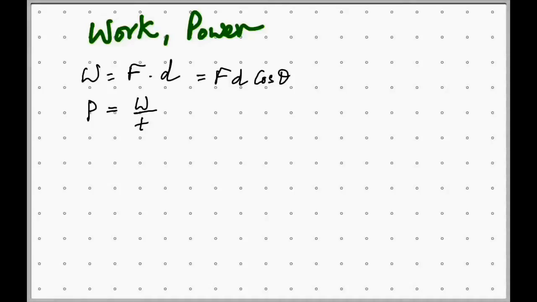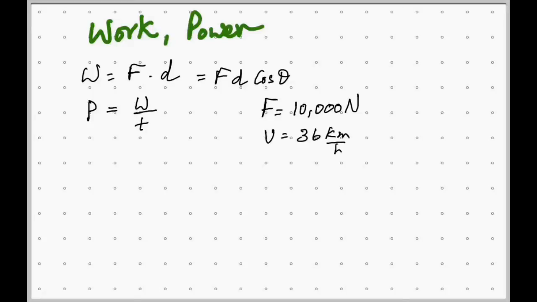Work over time. Okay. So if I give you the force applied by a certain engine as 10,000 newtons, force applied by the engine of a car or whatever, and it's moving at 36 kilometers per hour, find the power of the engine.